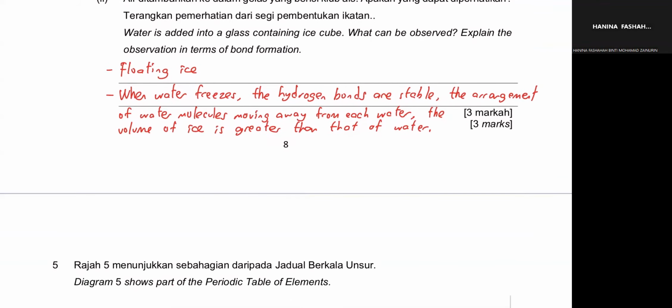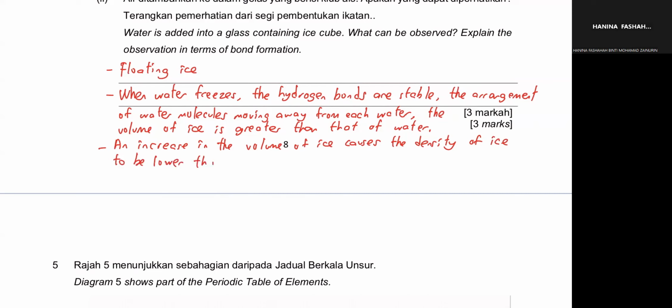So one more point is: an increase in the volume of ice causes the density of ice to be lower than the density of water.